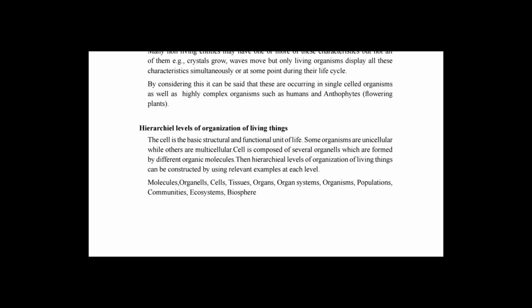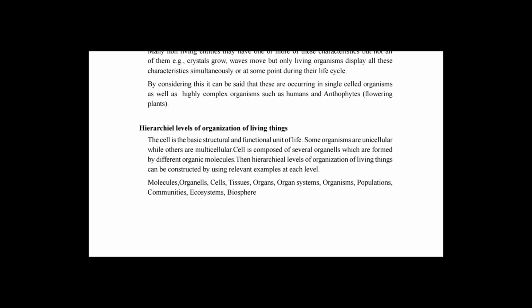Hierarchical levels of organization of living things can be constructed using relevant examples at each level. Organic molecules are the first thing. From organic molecules, organelles are built. These organelles collectively form a cell. Cells collectively form a tissue.